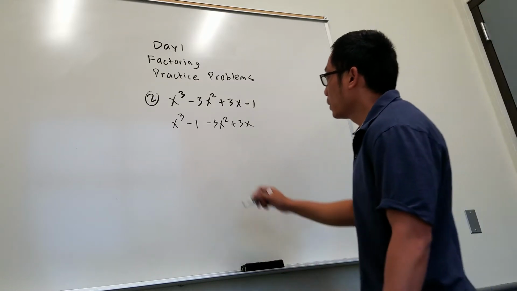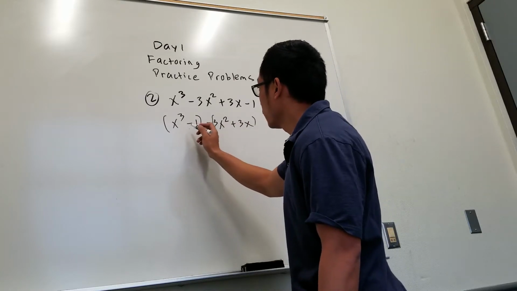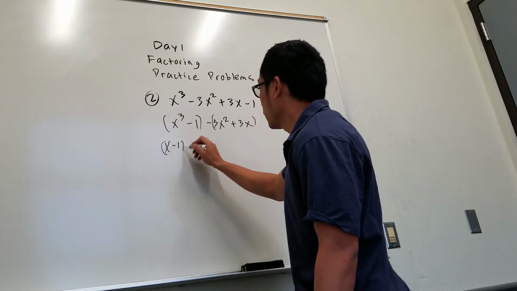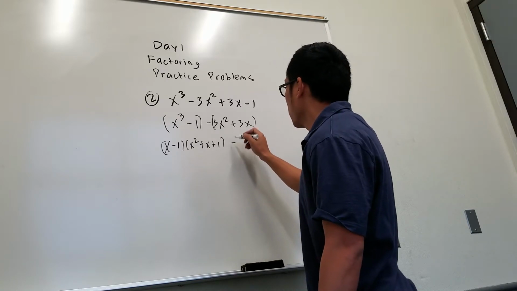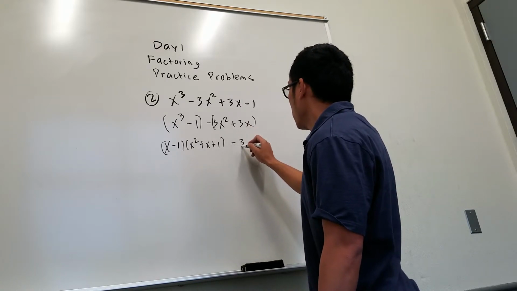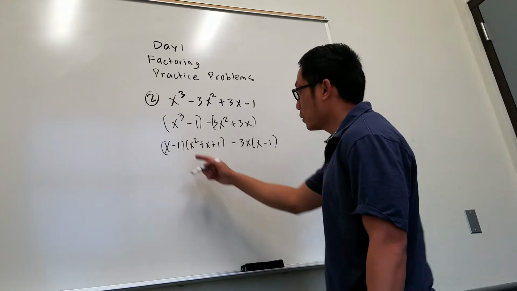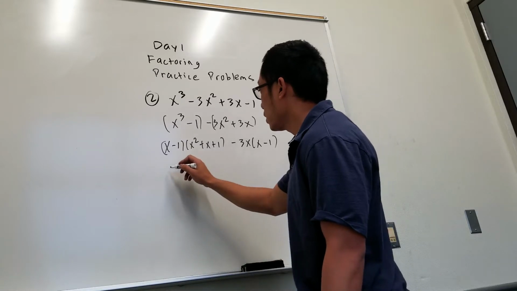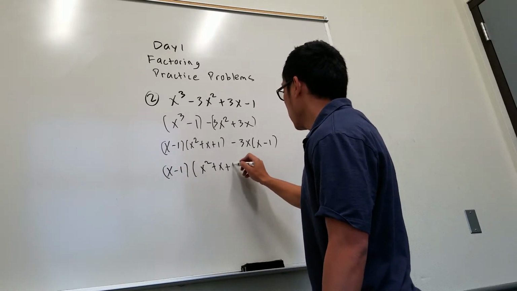So now I can factor by grouping. Boom, boom. I'm going to factor this: you have x squared plus x plus 1. Here I'm going to factor out negative 3x. This would be x minus 1. What do you notice? You have x minus 1, x minus 1. That's the GCF. So you have x minus 1. What's left? You have x squared plus x plus 1.